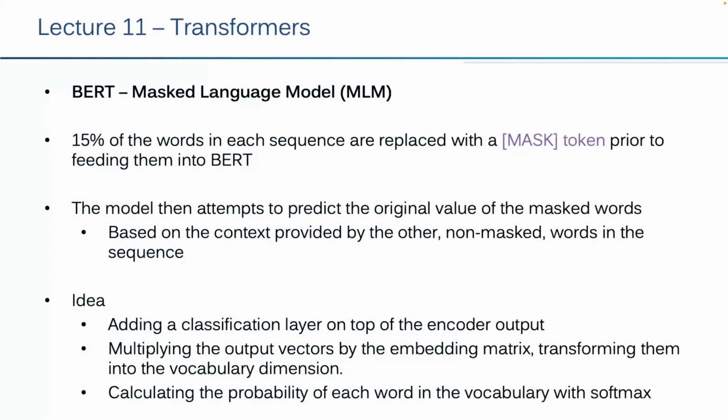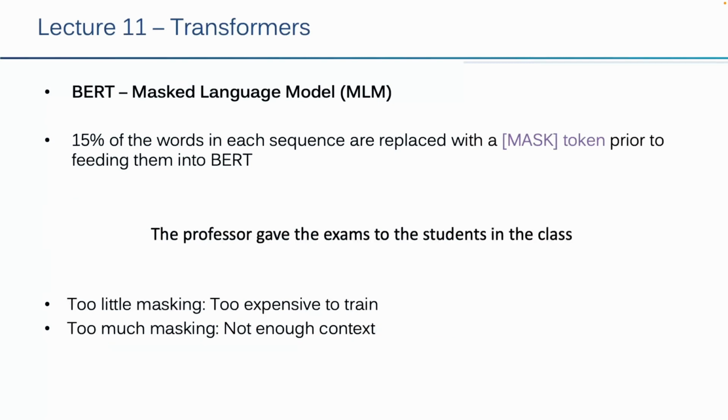Okay. And again, this is using a softmax. You will see that throughout the lecture, it's always a softmax. So more specifically, to visualize this, the professor gave the exams to the students in the class. We masked the tokens. So now the text looks like this. And this is done for the entire Wikipedia plus some 40,000 books.